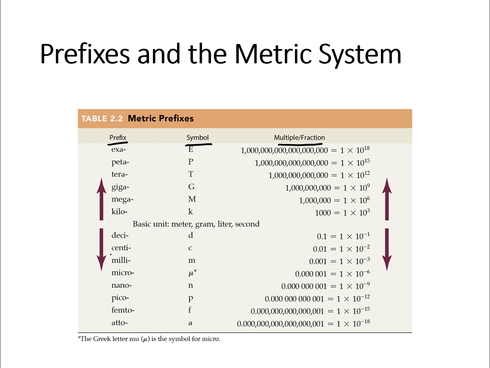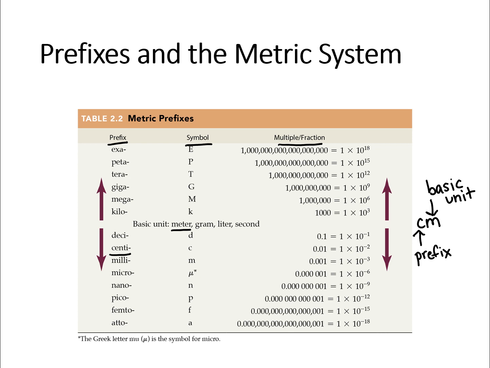Let's talk about centi. We compare that with meter for centimeter, cm. That's the prefix, the C. The M is the meter, and that's our basic unit.